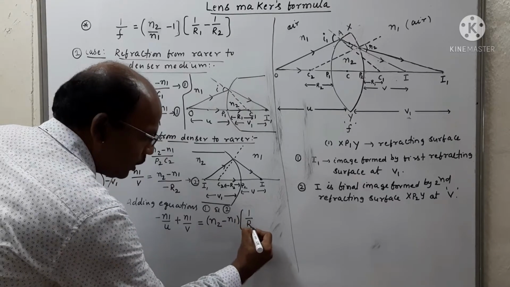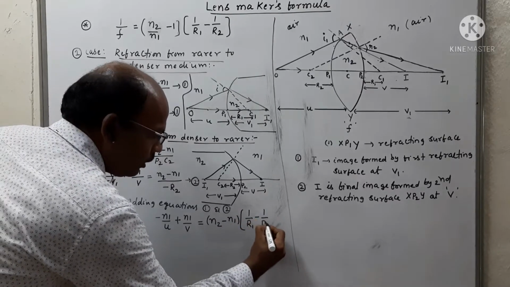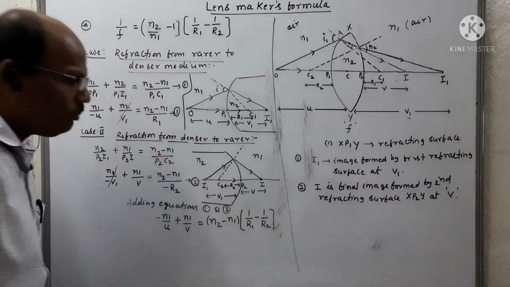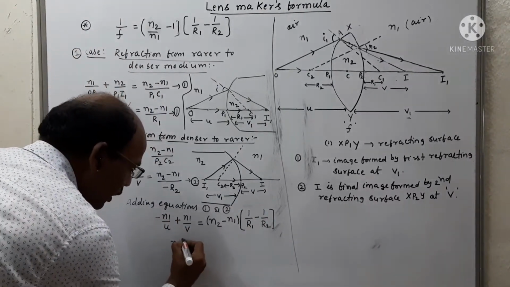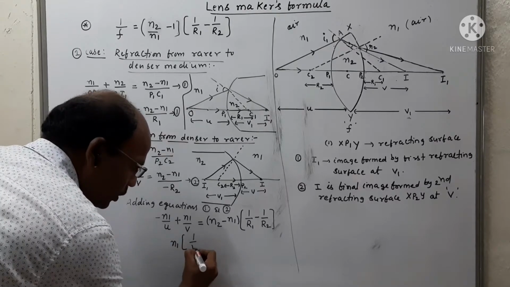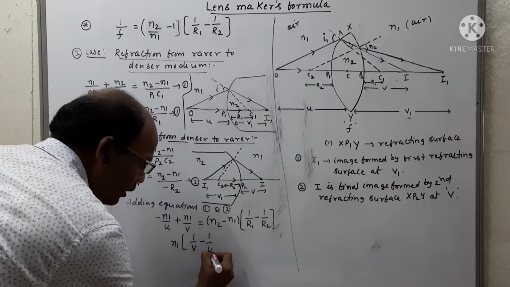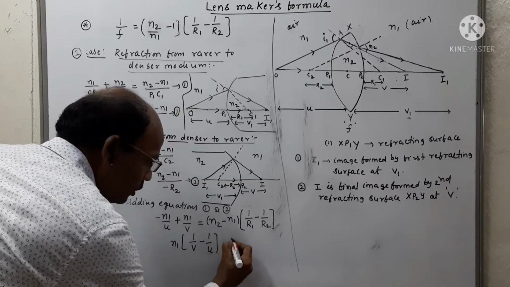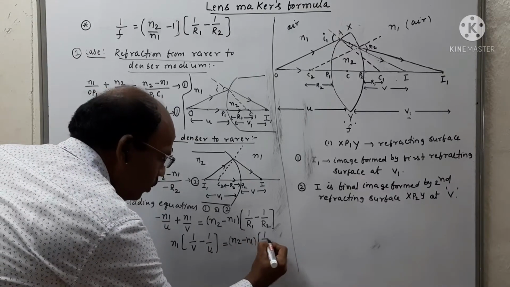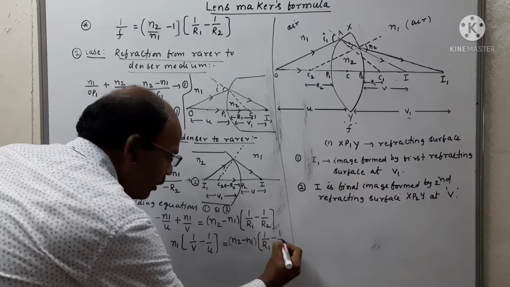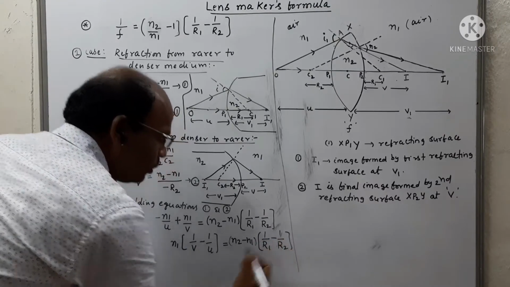The first term is positive: 1 by R1 minus 1 by R2. Taking N1 common on the left, N1 into 1 by V minus 1 by U is equal to N2 minus N1 into 1 by R1 minus 1 by R2.